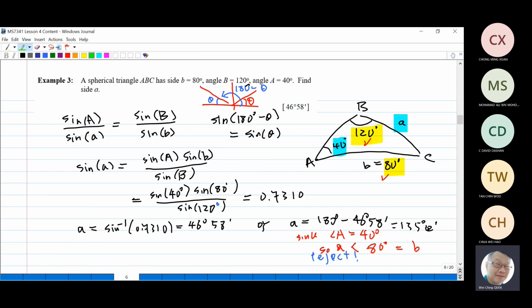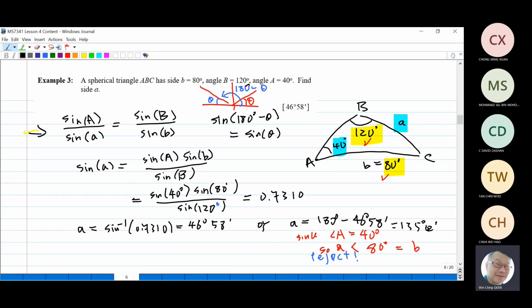Sine rule: sine angle A over side A, and we want to find out side A, equals sine angle B over side B. So you arrange it to find side A. After computation, with angle A 40, side B 80, angle B 120, you can find that this is 46.58, 46 degrees 58 minutes.